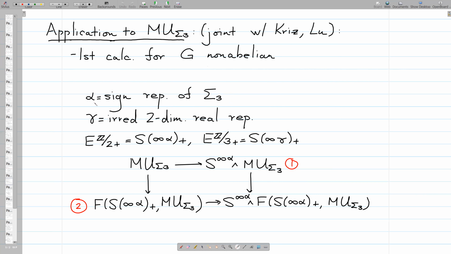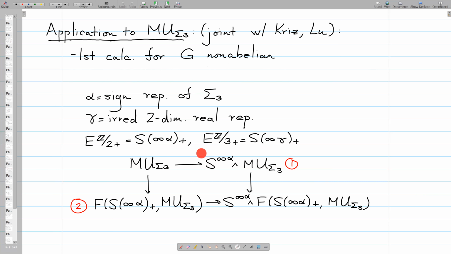Sigma 3 just has 2 non-trivial representations. You still have a sign representation. There's an irreducible 2-dimensional real representation that rotates by 2 pi over 3. So E Z mod 2 plus is the sphere of infinitely many copies of alpha plus. E Z mod 3 is the sphere of infinitely many copies of gamma plus.